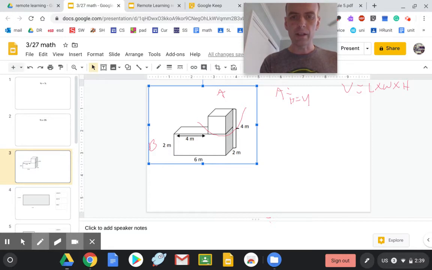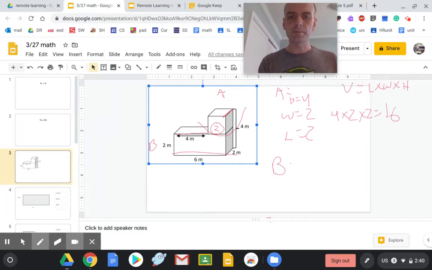What do I have on the width? If this is 2, this is 2. So my width is 2. And my length, well, if this whole thing is 6 and this is 4, this must be 2. So 4 times 2 times 2 is 16.